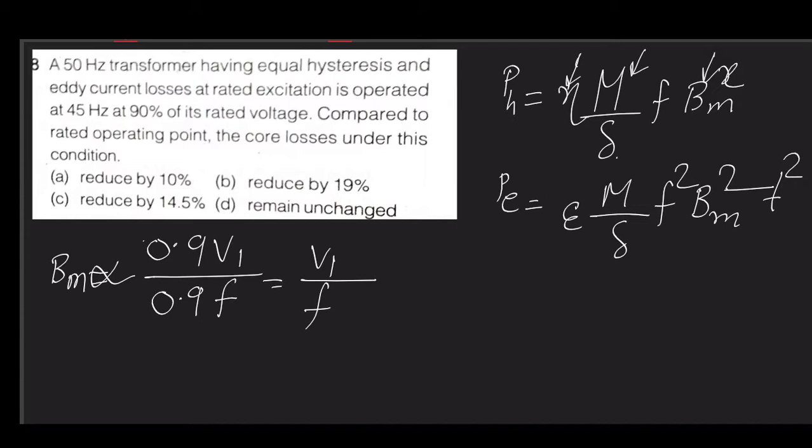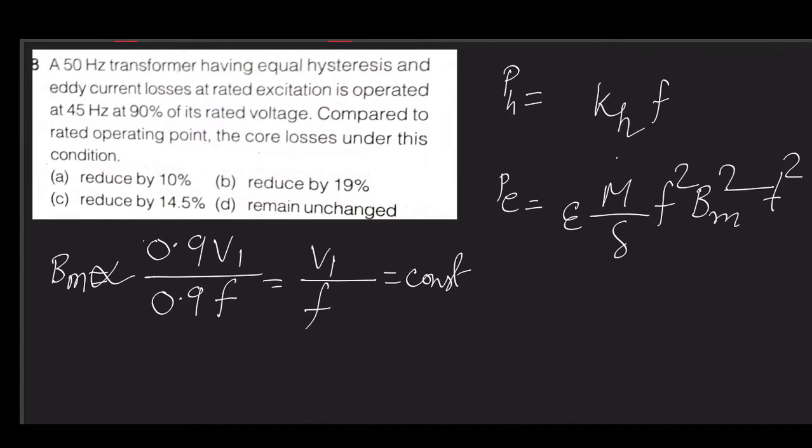All of these can be kept constant, as well as x. x is also core material dependent, and Bm remains constant. And for this one, t is the thickness of lamination, which is also remaining constant, so everything remains constant.